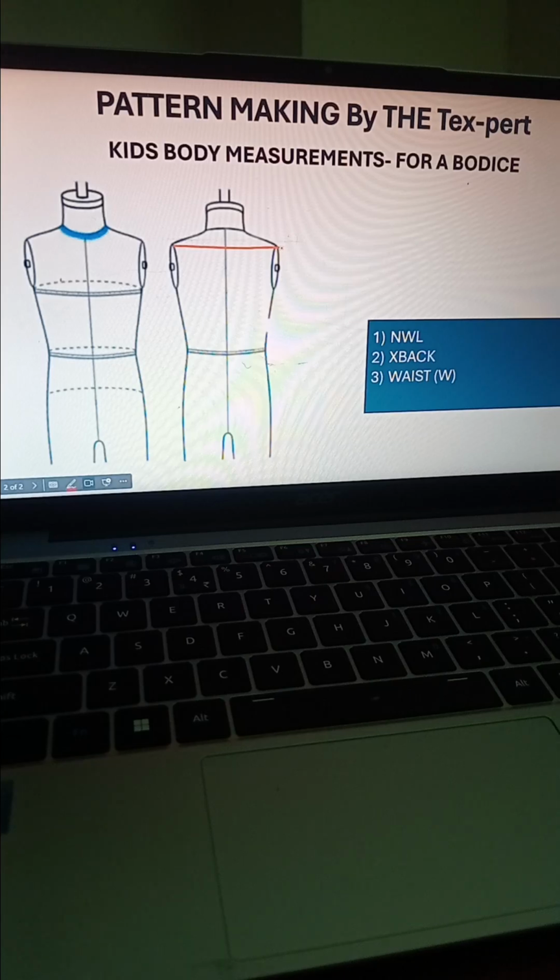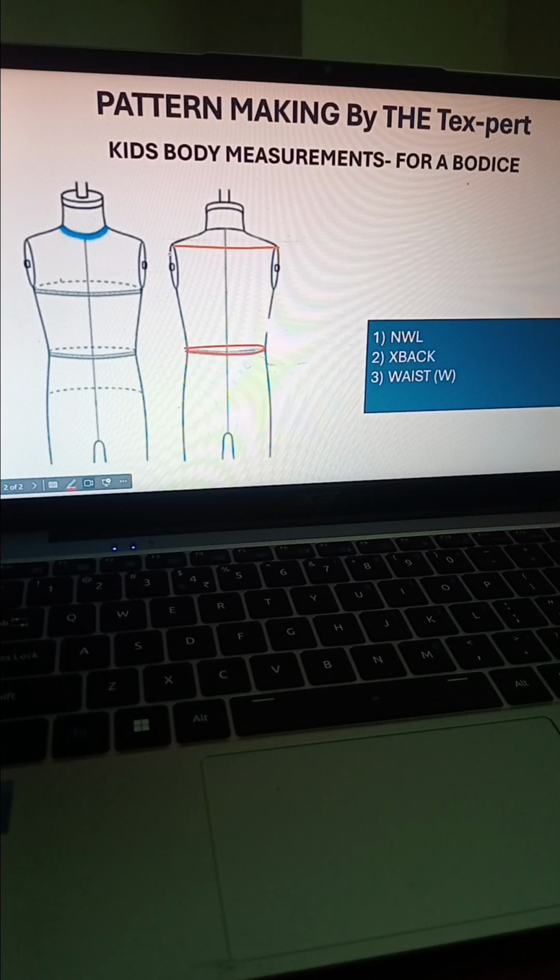At first we measured our natural waist length, and now we have taken the cross back measurement. Then after the cross back measurement, we also need to measure the waist as the last measurement needed to make a bodice pattern for a child. That's number 3, waist measurement. You measure around the waist, from here to here, again to here. So we are measuring the round waist.